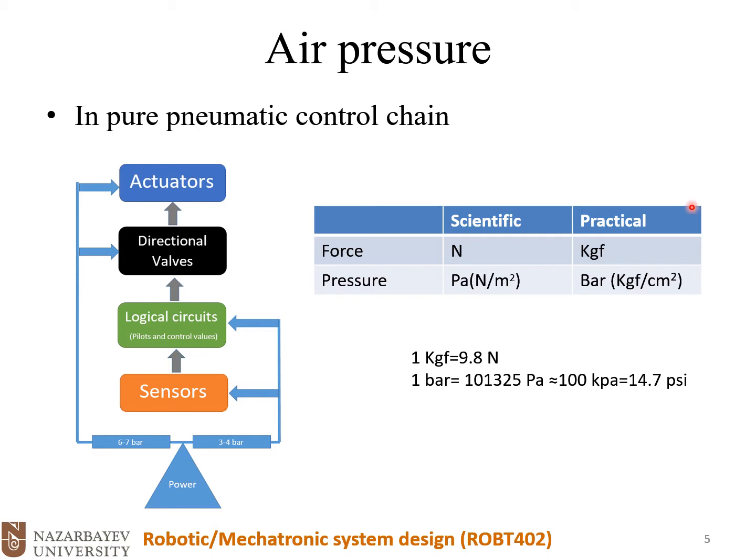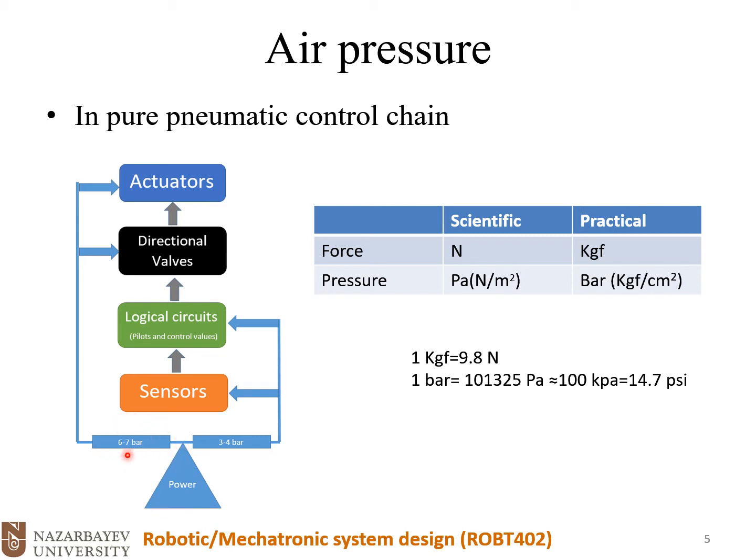Air pressure. In a pure pneumatic control chain, we have basically a tree, or hierarchy. The power part is the compressor, and that provides the high pressure air to the system.